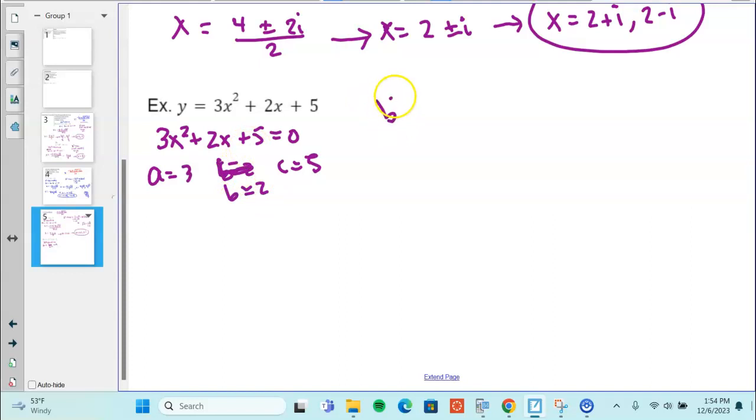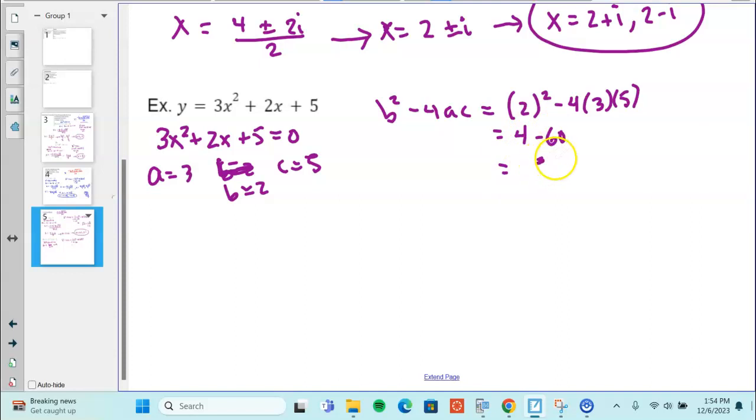But that's okay. B squared minus 4ac, our discriminant, is going to be 2 squared minus 4 times 3 times 5. That's going to be 4 minus 4 times 3 is 12, times 5 is 60. So we have -56 for that.